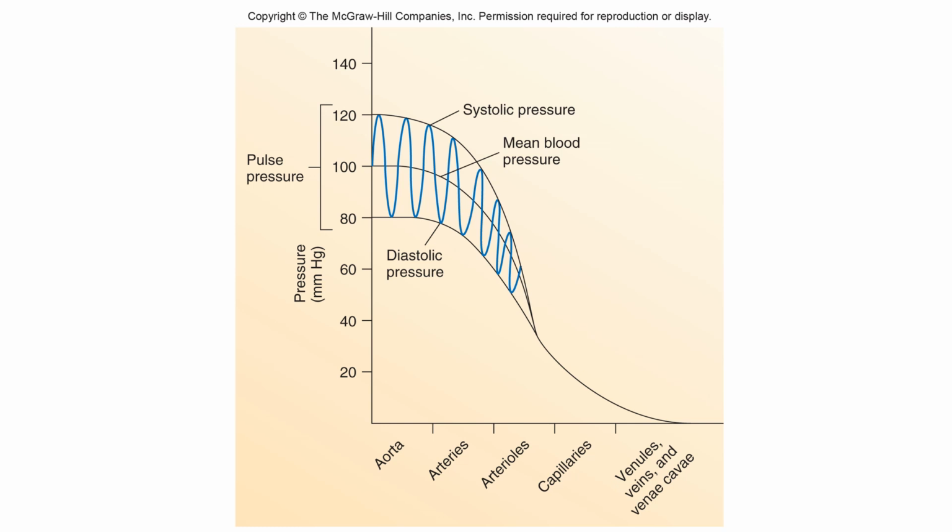Then systole occurs, and you get this rush of blood, and then it slows during diastole. So you get not only a fluctuation of pressure like you see there, but also a fluctuation of flow rates.